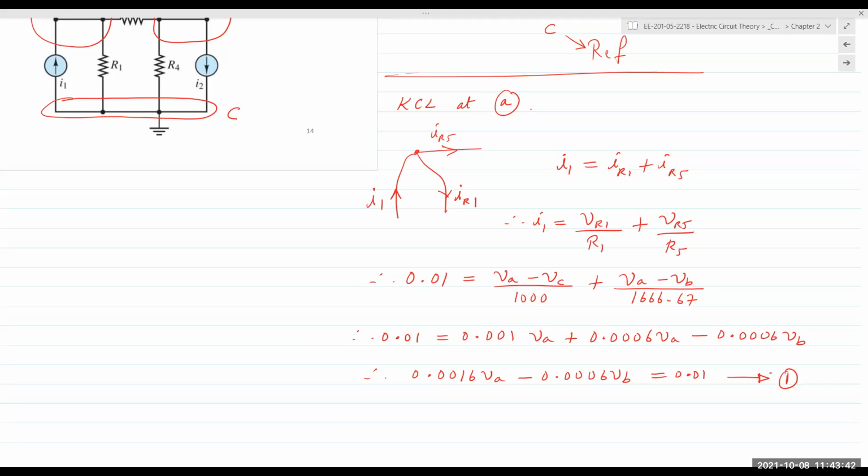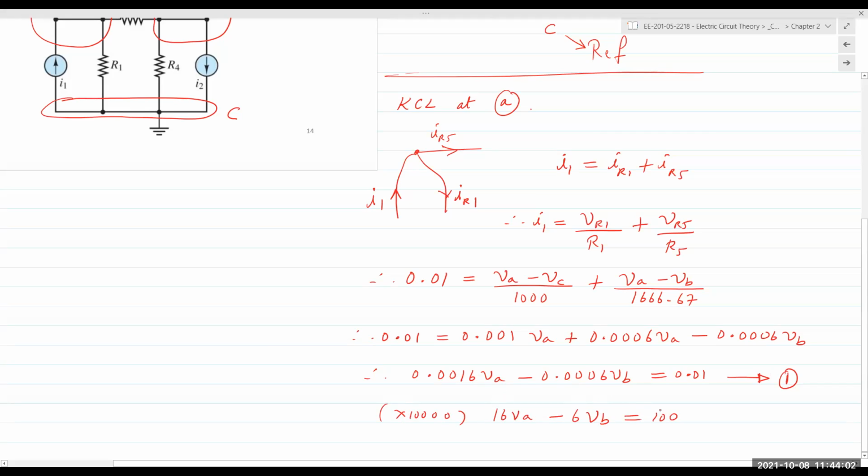Now, you can solve it exactly as it is, or what sometimes I like to do is multiply this by 10,000, and I get 16 VA minus 6 VB is equal to 100.